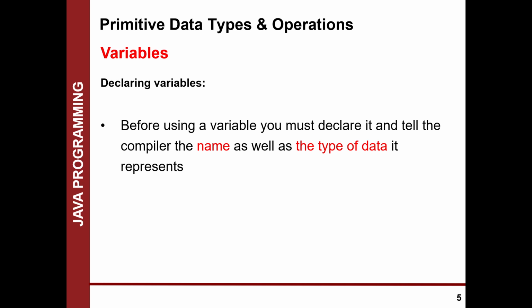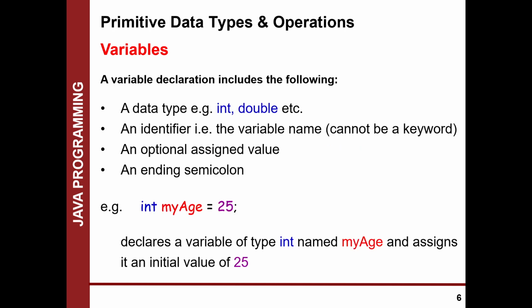So before using a variable, you must declare it, telling the compiler the name as well as the data type. So this is how we declare.